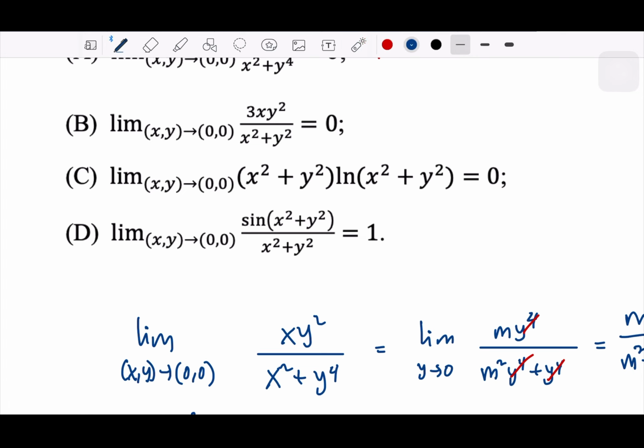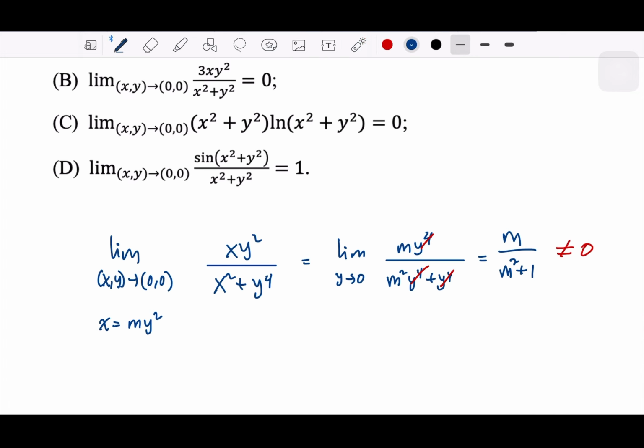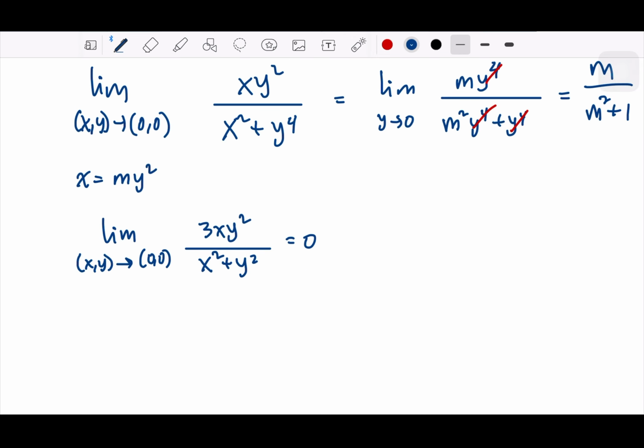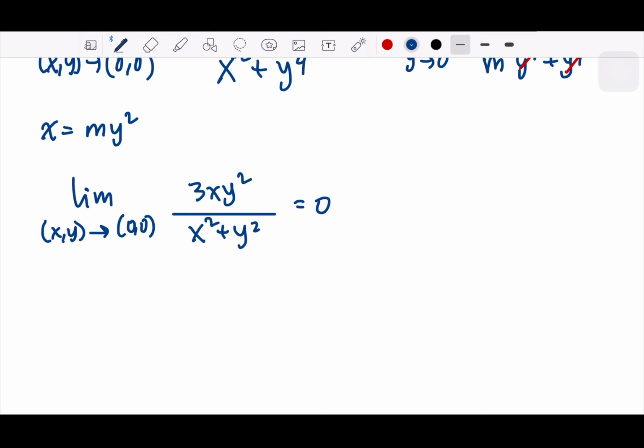We can write the limit as x, y approaching 0, 0. What we have here is 3 x y squared over x squared plus y squared. It seems if we check with the line x equals 0, y equals 0, we will have another 0, right?